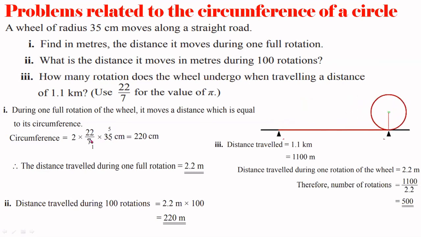Now cut 7 and 35: 7 into 1, 7 into 5, 35. So in the numerator, 2 into 5, 10. 22 into 10, 220. Then the circumference is 220.